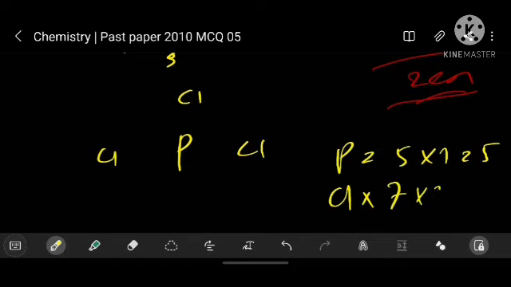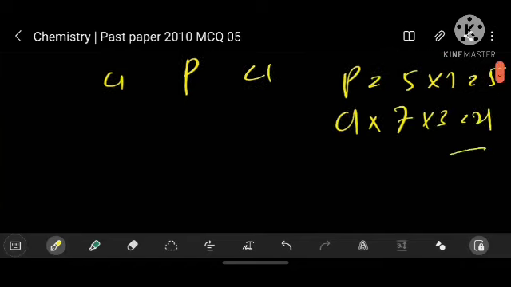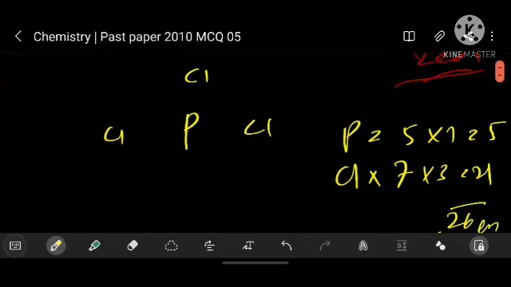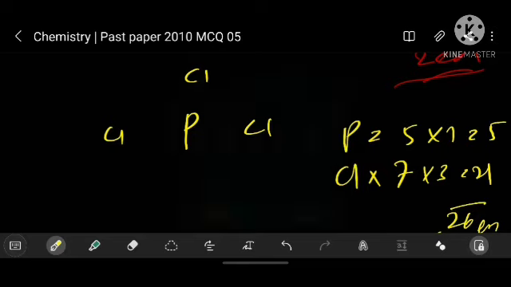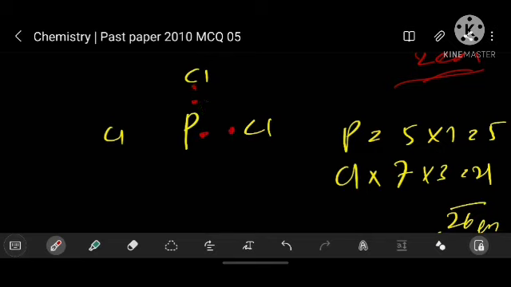We have 3 chlorines, 7 into 3 is 21, so we have 26 electrons. We're going to distribute that to the bond electrons: 1 2 3 4 5 6.